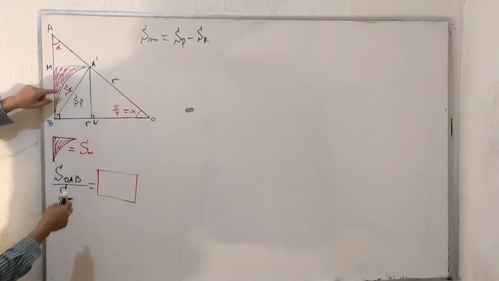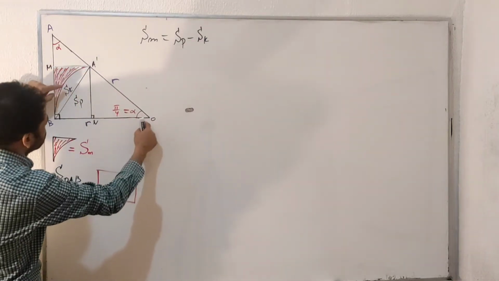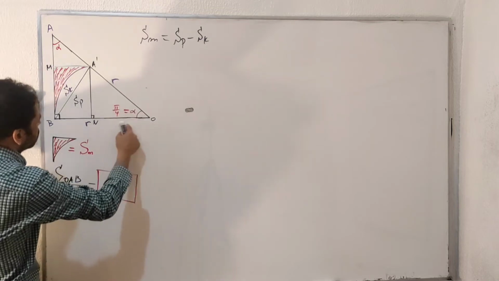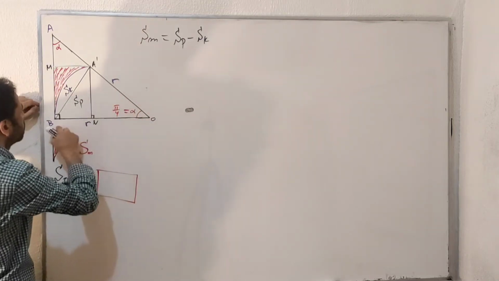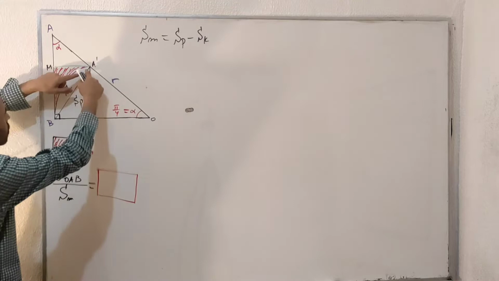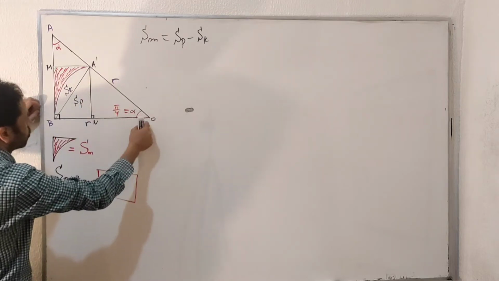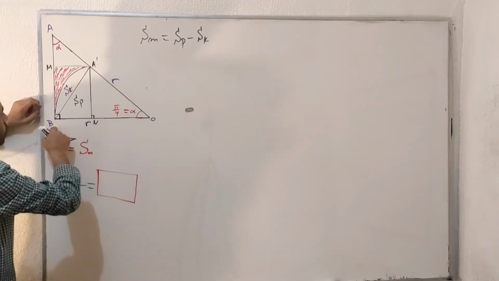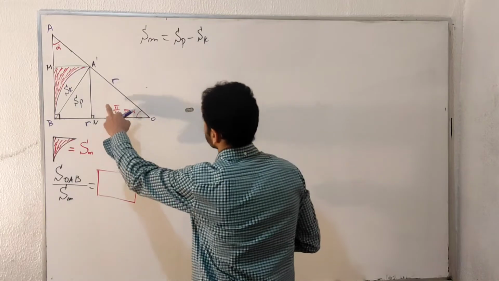SK equals this sector of the circle OE prime B minus the area of this triangle OE prime B. So I'm going to express that.